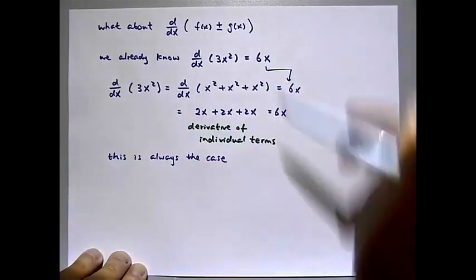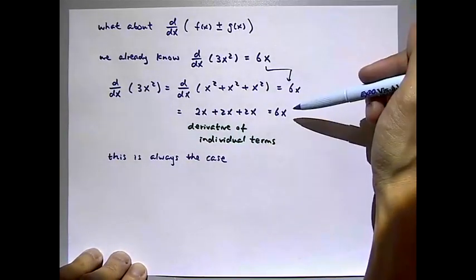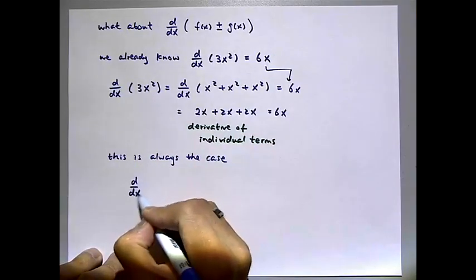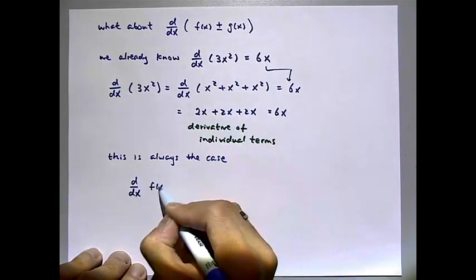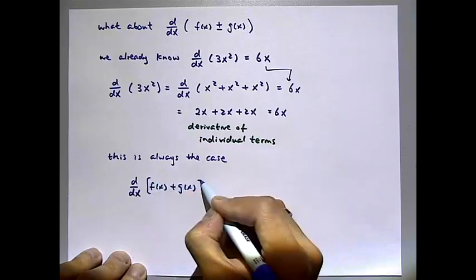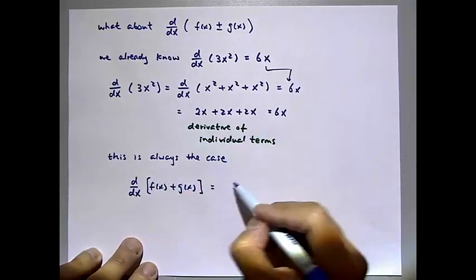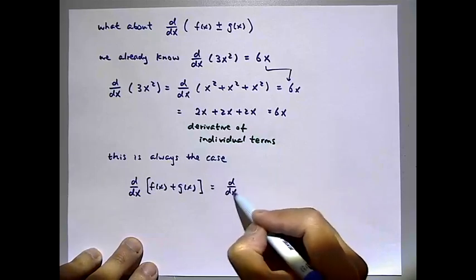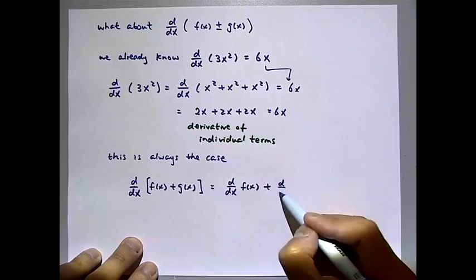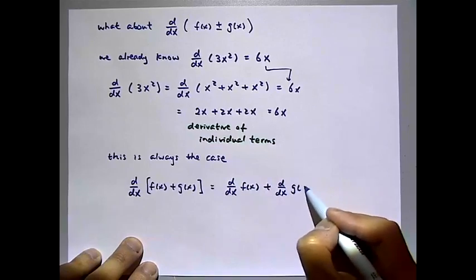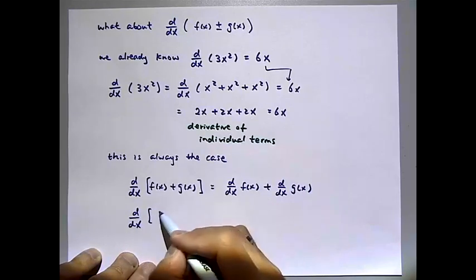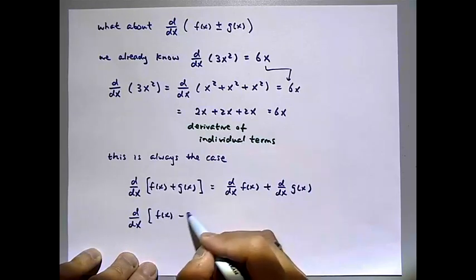And what we then can establish from this little exercise is that the derivative of, let's say, f of x plus g of x is the derivative of the individual things and then respecting the original sign between them.